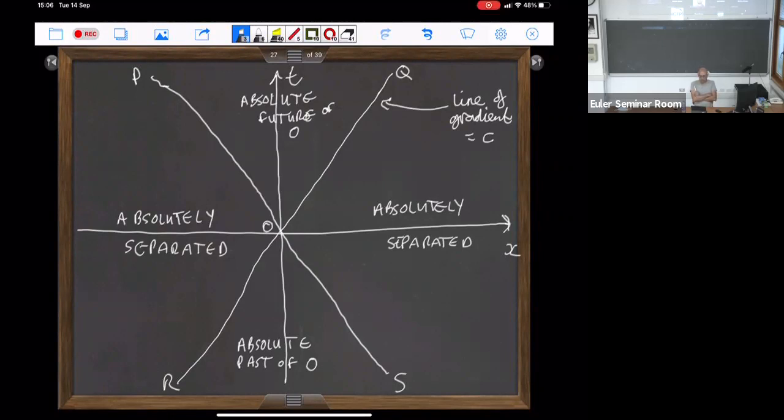And once the event has occurred, the diagram gets separated into these different regions. So there are two, what I call absolutely separated regions. There's an absolute future of the event O, and there's an absolute past of the event O.